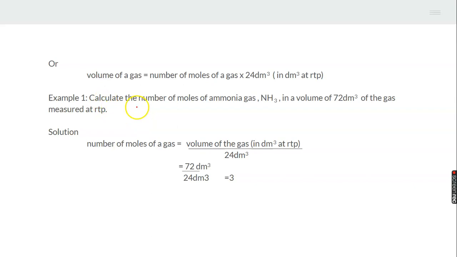So for this example, calculate the number of moles of ammonia gas in a volume of 72 dm cube of gas measured at room temperature. So the number of moles of ammonia equals the volume of ammonia divided by the what? The molar volume, which is 24 dm cube.